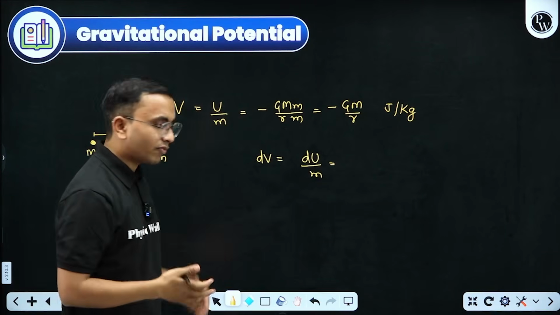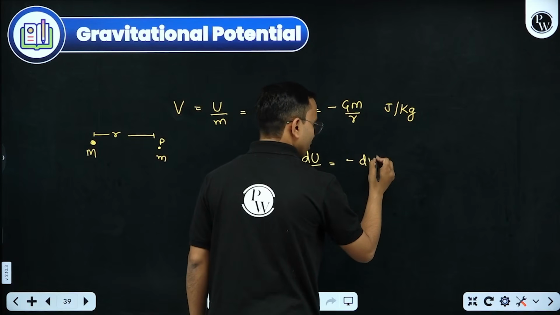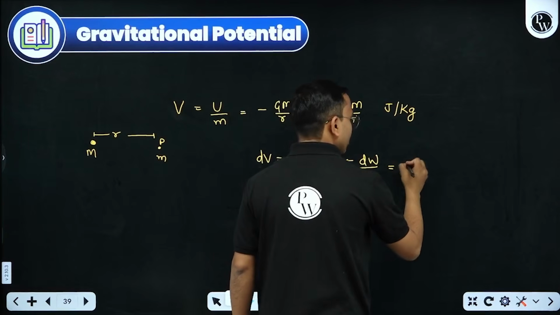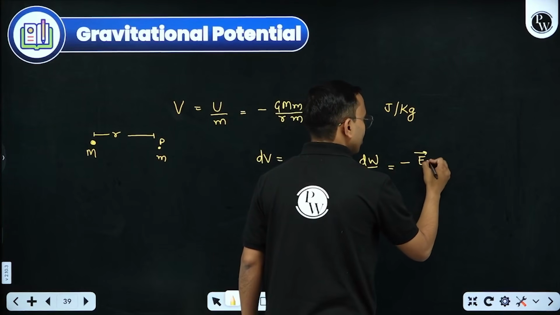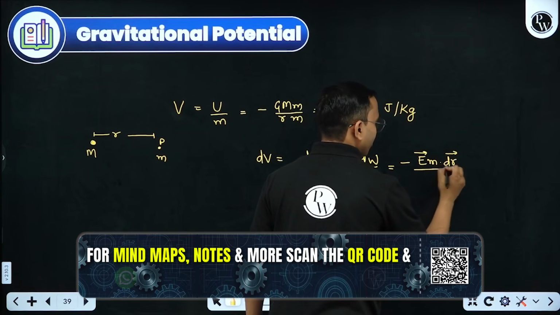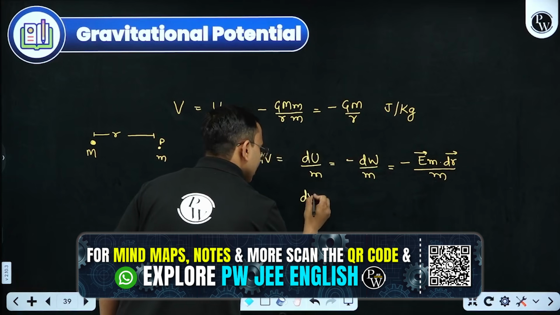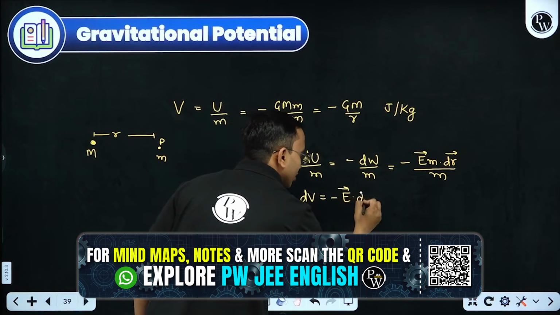That is the negative of work done by the force. What is the work done? F dot dr. What is F? E into m, dot dr, divided by m. So from here I got my dV as minus E dot dr.